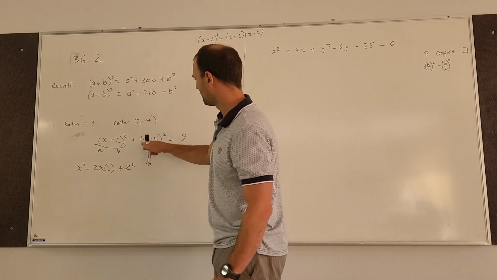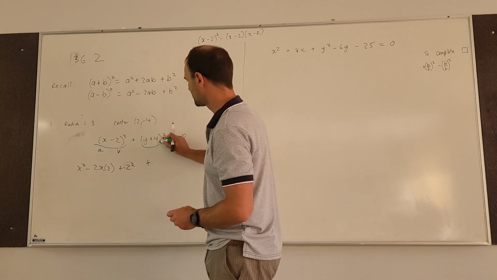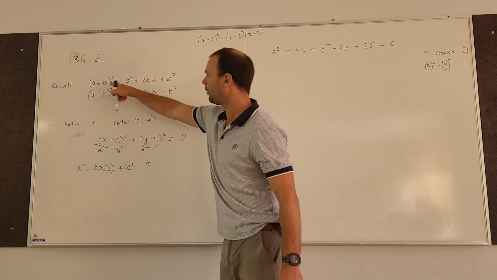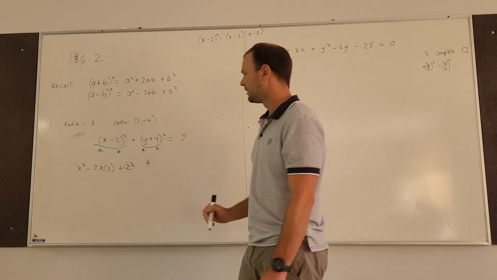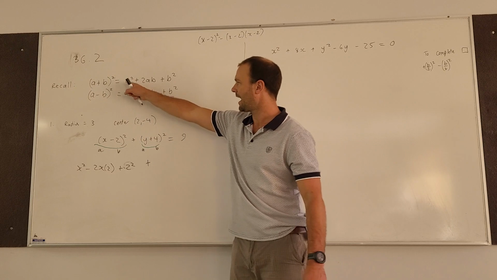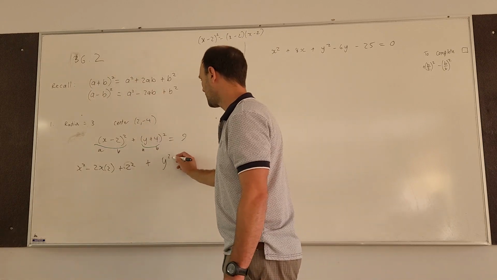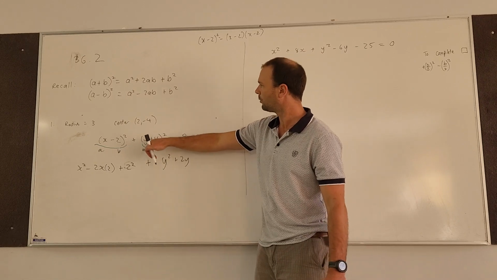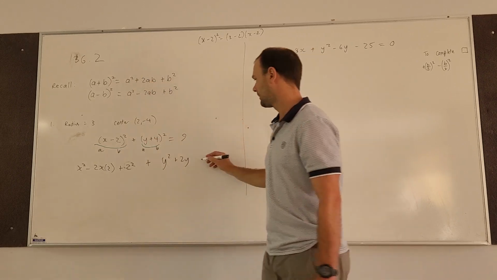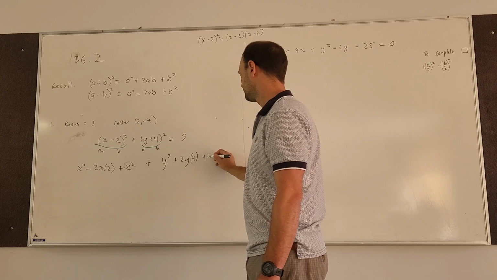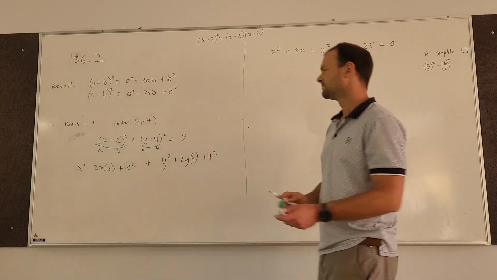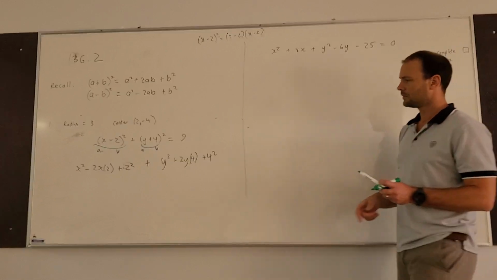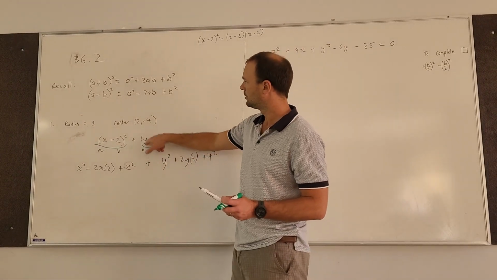So again, if we compare this to the top, y corresponds with A and 4 corresponds with B. So I'm going to substitute y where A is, y squared plus 2y, and I'm going to substitute 4 where the B is, there and there.